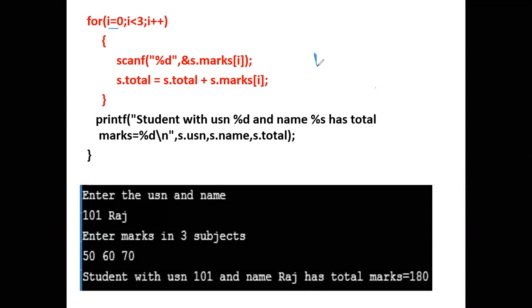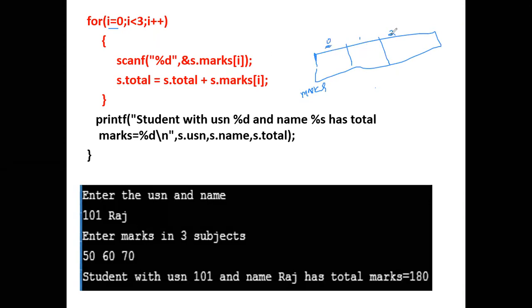So for i is equal to 0. We have declared an array marks of size 3. So 3 subject marks you can store with the index 0, 1 and 2. Our index starts with 0 and maximum it can have the value 2.